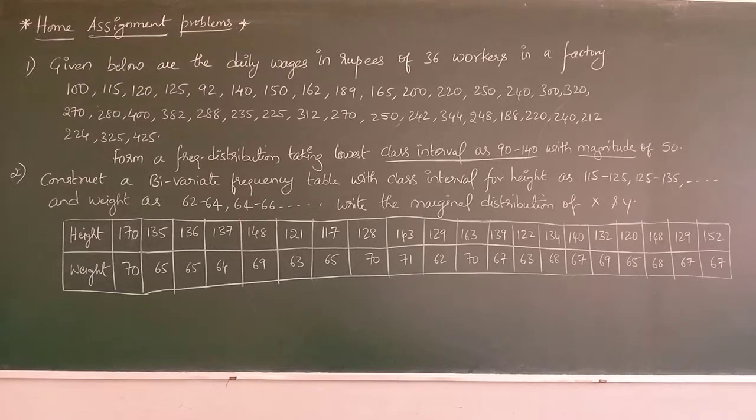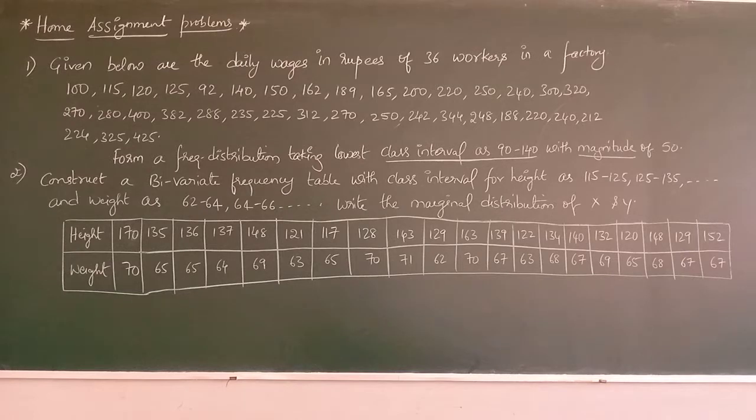You know when to apply Sturges' rule, right? You need to apply Sturges' rule only when raw data is present. Except raw data, nothing will be mentioned in the question. Directly they will give the raw data and ask you to form a frequency distribution. In such cases, for finding the number of classes, you need to use Sturges' rule, which is k equals 1 plus 3.322 log n.